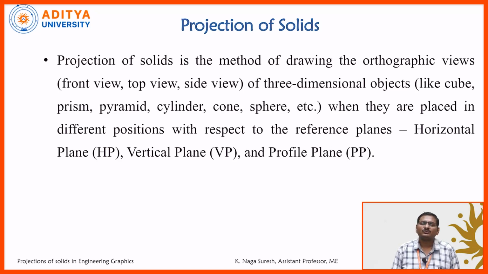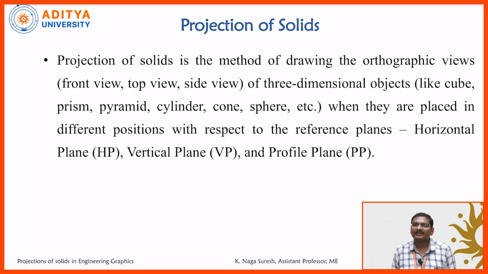What is the meaning of projection of solids? The projection of solids is the method of drawing the orthographic views, that is front view, top view, side view, of three-dimensional objects. There are different types of 3D objects like cube, prism, pyramid, cylinder, cone and sphere.